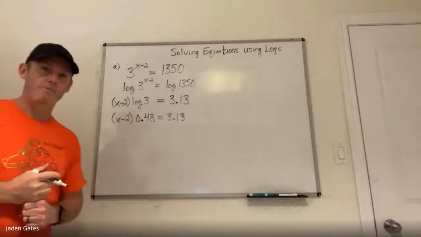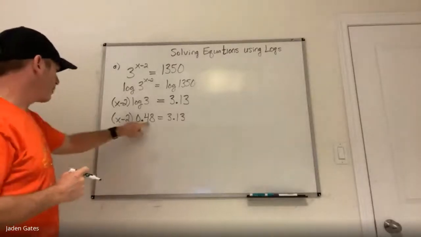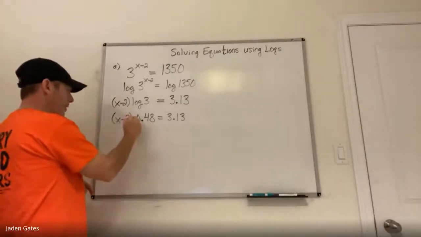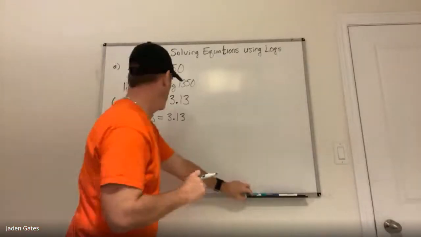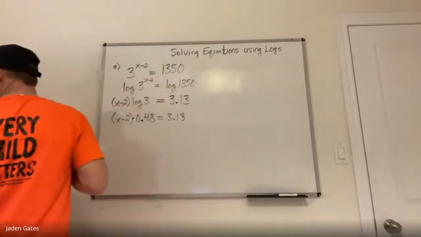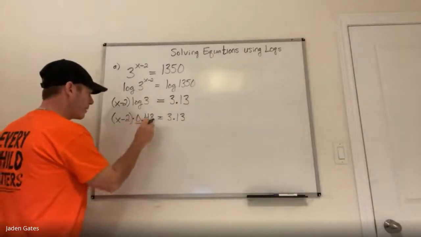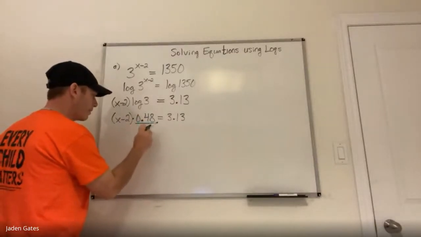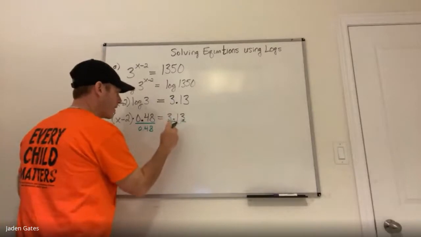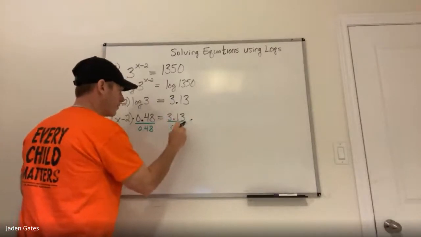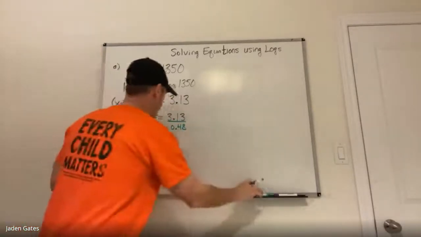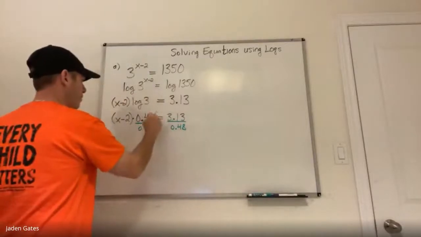To go from here, we can get rid of this 0.48 because it's multiplying this x minus 2 in brackets. So we'll divide by the 0.48. What I do to one side, I've got to do to the other. So those 0.48s are gone.